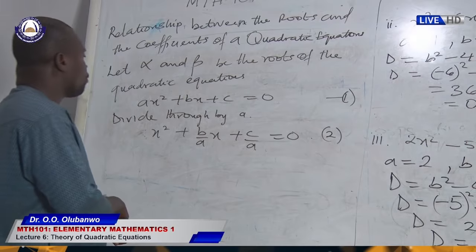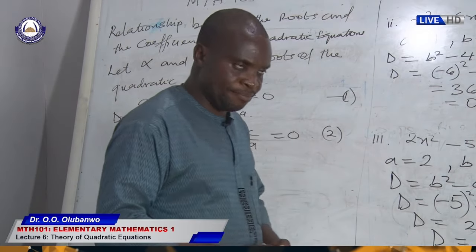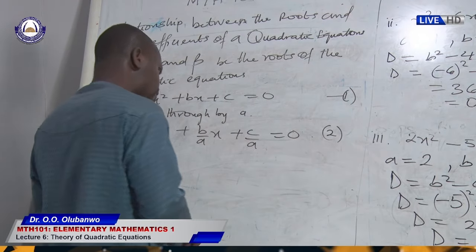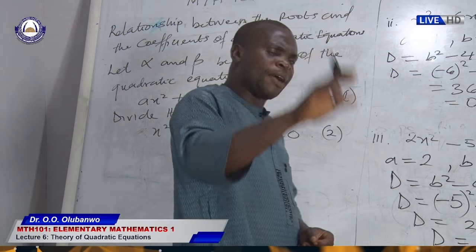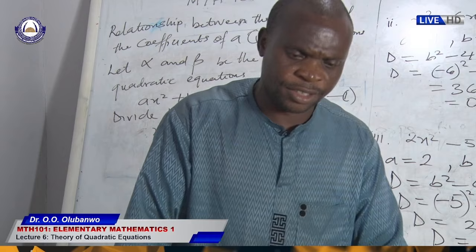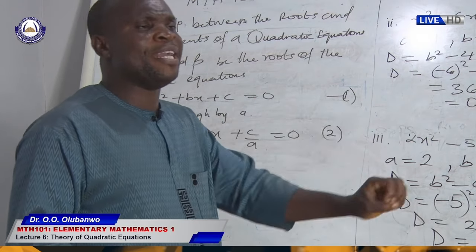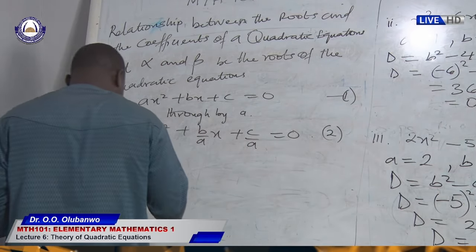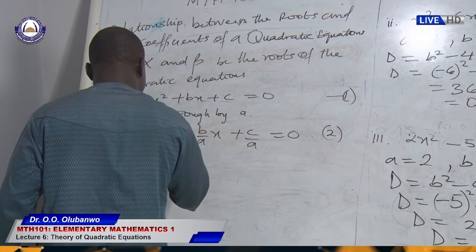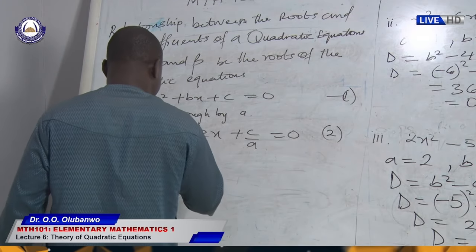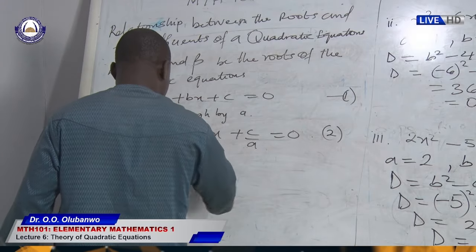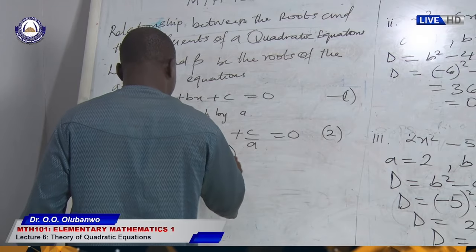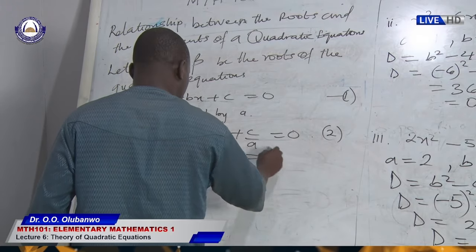Now, if alpha and beta are the roots of this equation, if we recall from our secondary school and intermediate mathematics, we observe that in forming equations, we need to solve (x minus alpha) into brackets (x minus beta) equals 0.